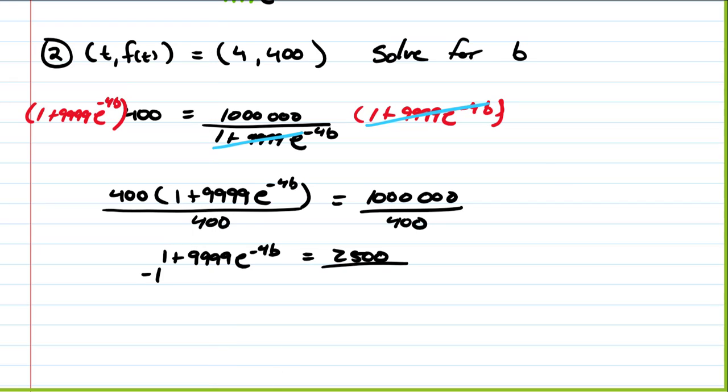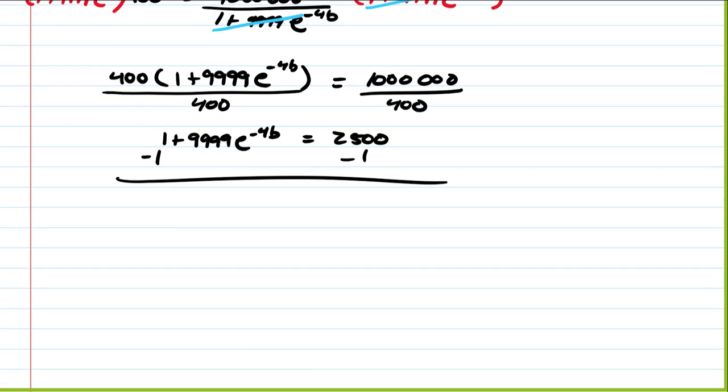Then minus 1 and minus 1 gives us 9,999 e to the negative 4b is equal to 2,499.